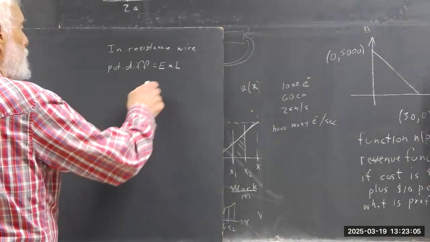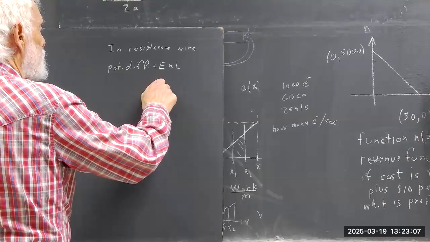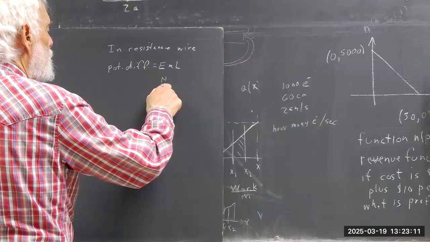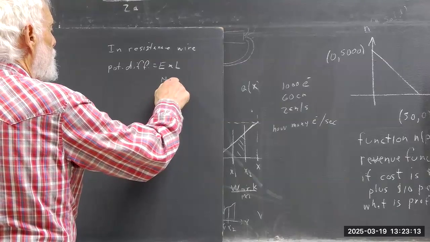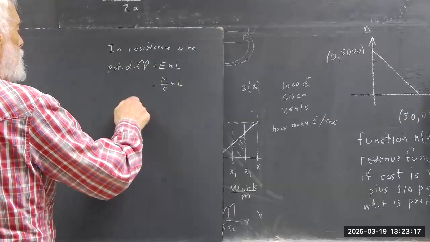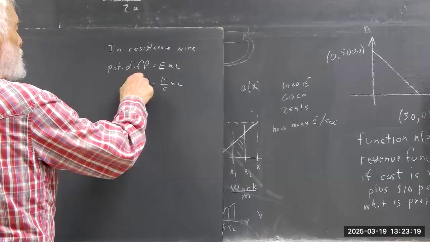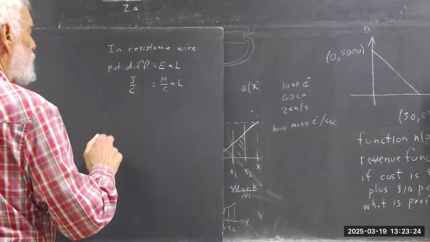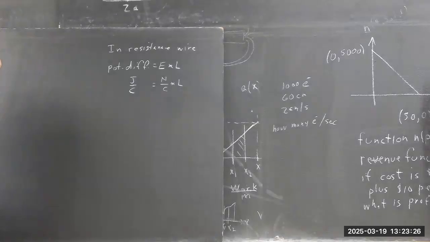Units are newtons per coulomb times length, which gives you joules per coulomb, right?